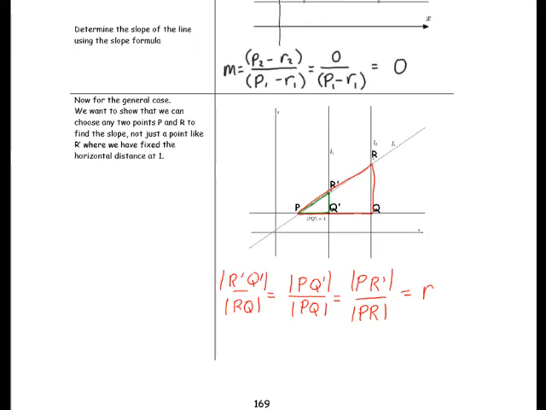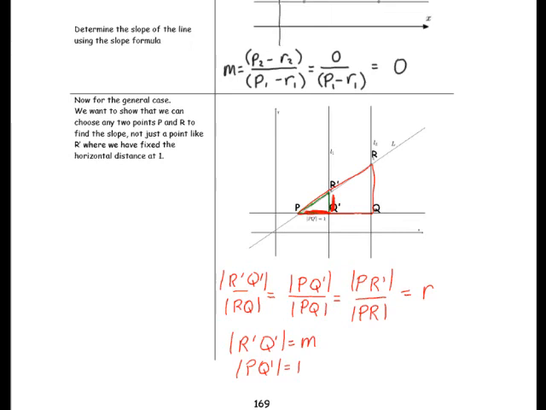Based on our previous knowledge, we know that the distance R prime Q prime, take a minute and find that, is equal to m. That is the slope. Why? Because this distance is 1. And we know that PQ prime is equal to 1, and that's right here, PQ prime equals 1.